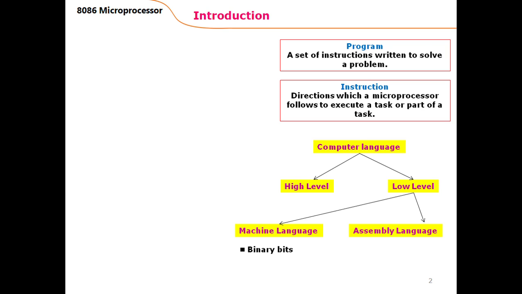So each instruction is a sequence of binary bits, and then multiple sequences together form a program or a set of instructions. And these sequences of bits can be easily interpreted by the hardware components in the microprocessor, but they are very difficult to be written in proper order, and very difficult to be remembered by the programmer.